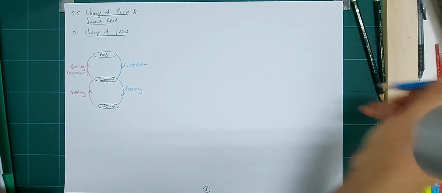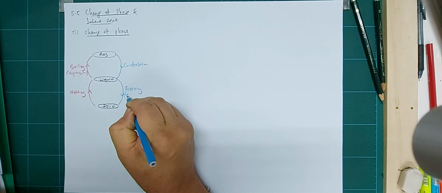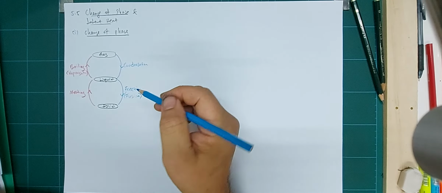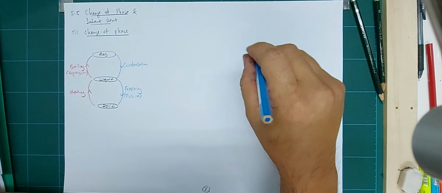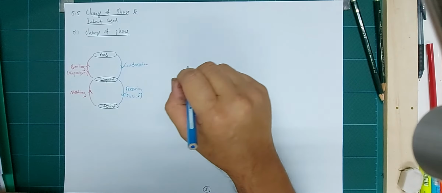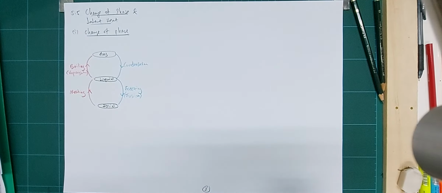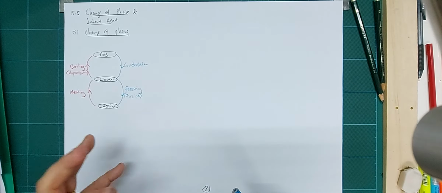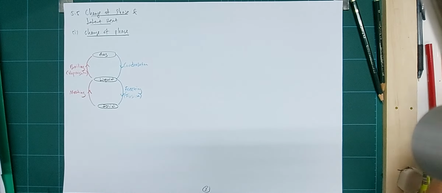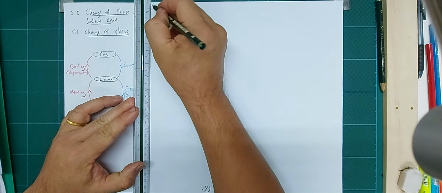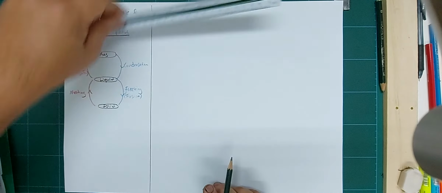Freezing has another word, called fusion. Fusion, not the nuclear energy fusion. We are talking about the normal one, condensation, and these processes. We need to know which one absorbs and which one releases energy. So that is a change of phase.